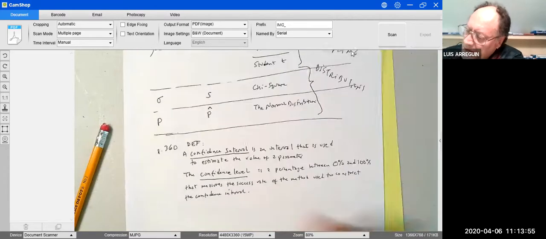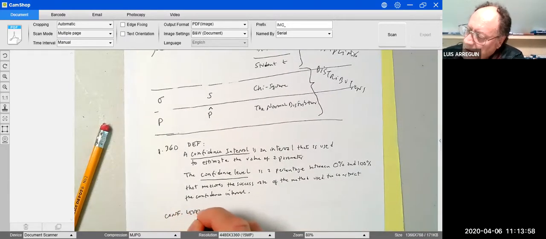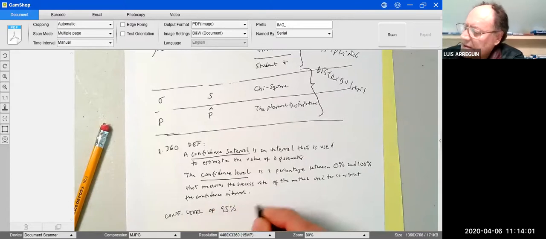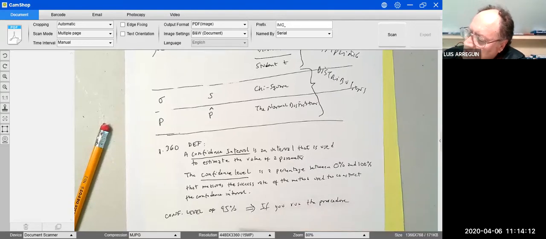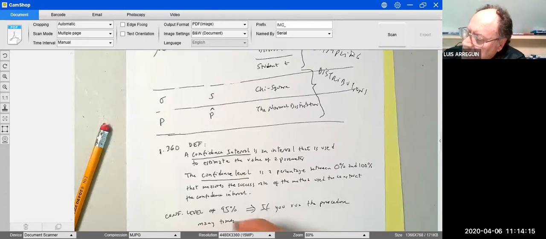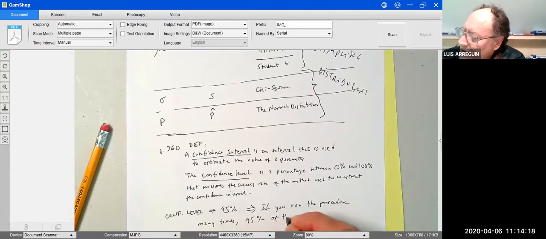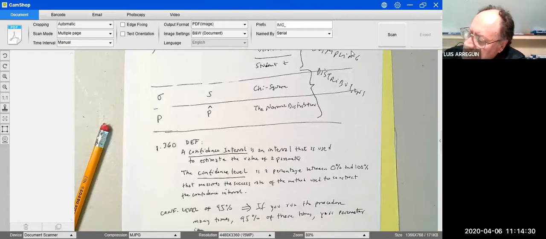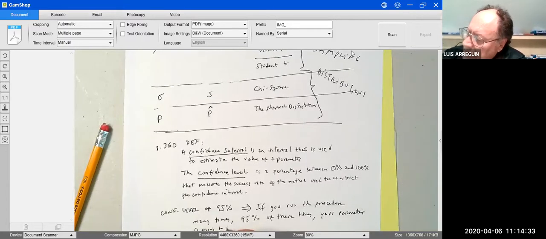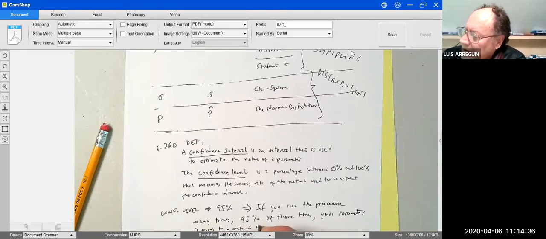So if you have a confidence level of 95%, that means that if you run the process or the procedure many times, 95% of those times the parameter that you are looking for is going to be contained in the interval.